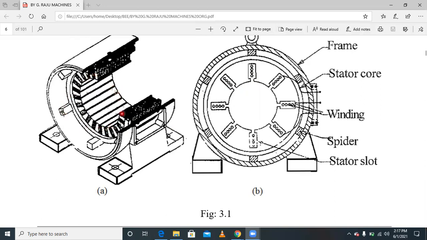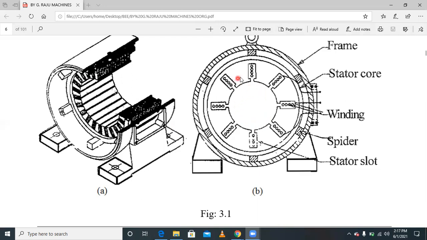In this example, I am considering the rotating magnetic field as a permanent magnet that is rotating. In the middle, we have to place a rotor, which may be a squirrel cage rotor or a slip ring rotor.